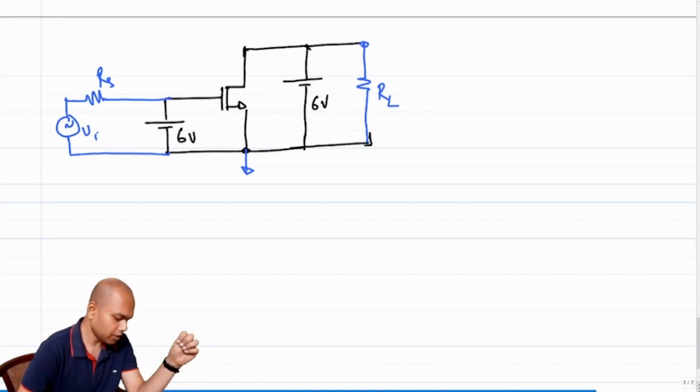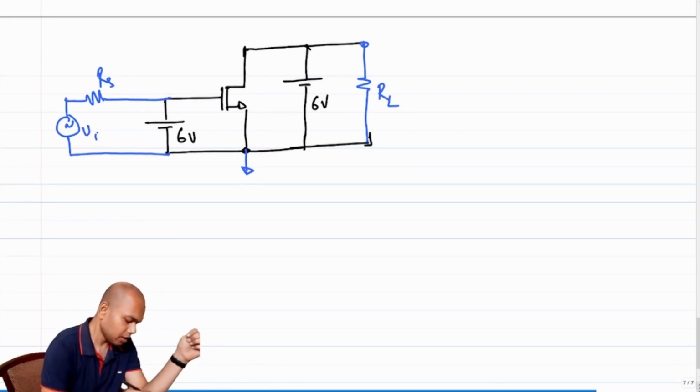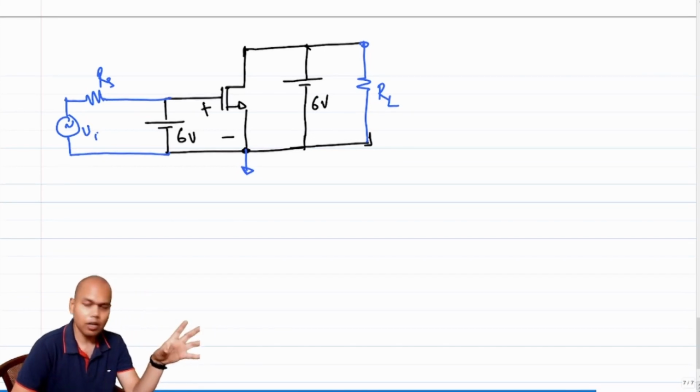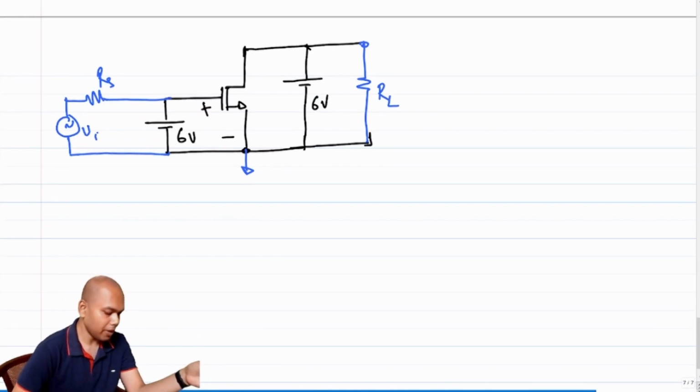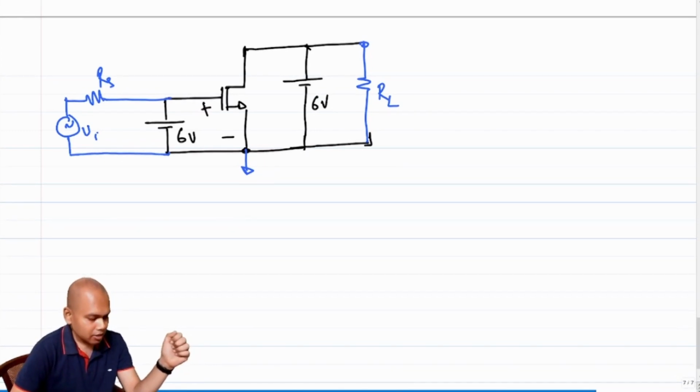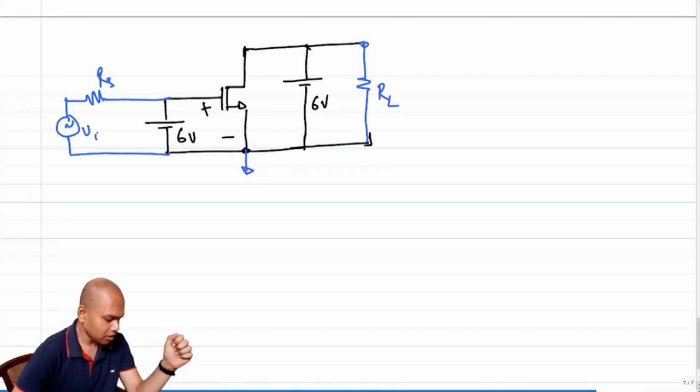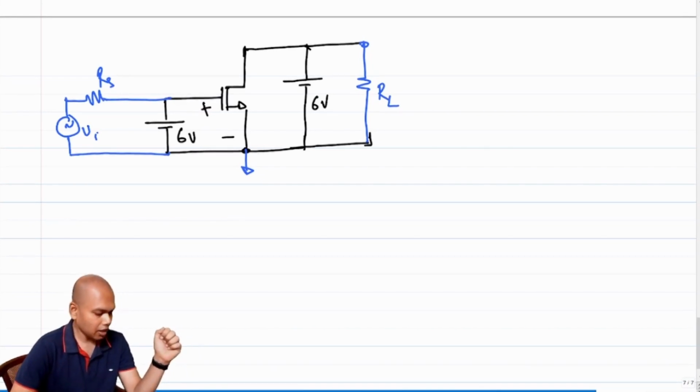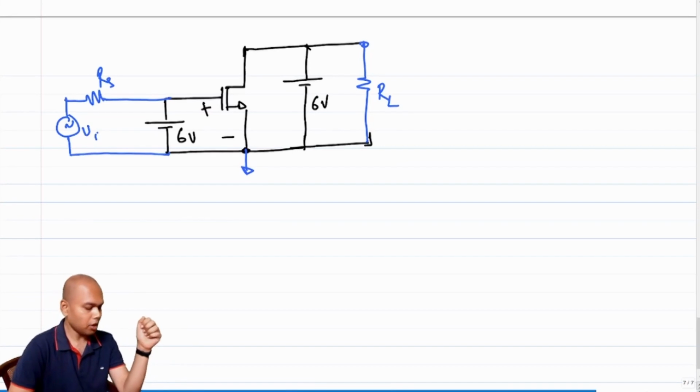Clearly, this will not work. Why? Because the voltage VGS is always 6 volt. So I have a battery of 6 volt connected directly between the gate and the source. So clearly, this arrangement will not work, right?